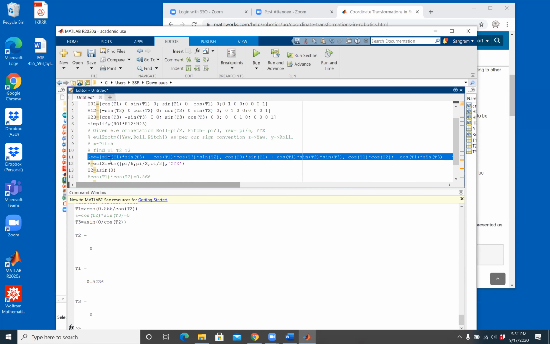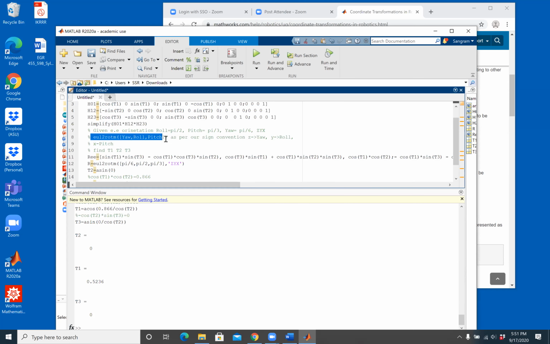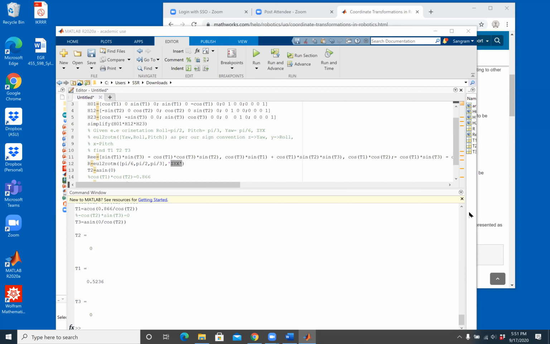Before I go, I just want to repeat the mistake I made in today's class. For Euler to root M, we have to use the coordinate system that is conventionally used in robotics, which is Z is yaw, Y is roll, and X is pitch. Your input to Euler to root M will be yaw, roll, and pitch. And don't forget to specify the rotation order, which is z, x, z, y, and x.